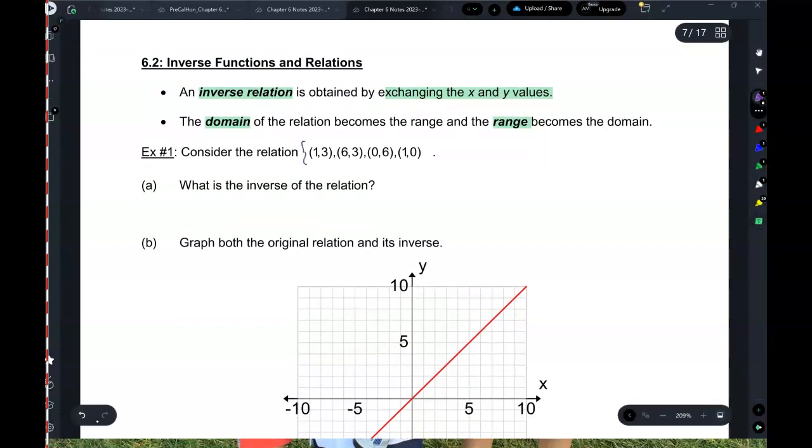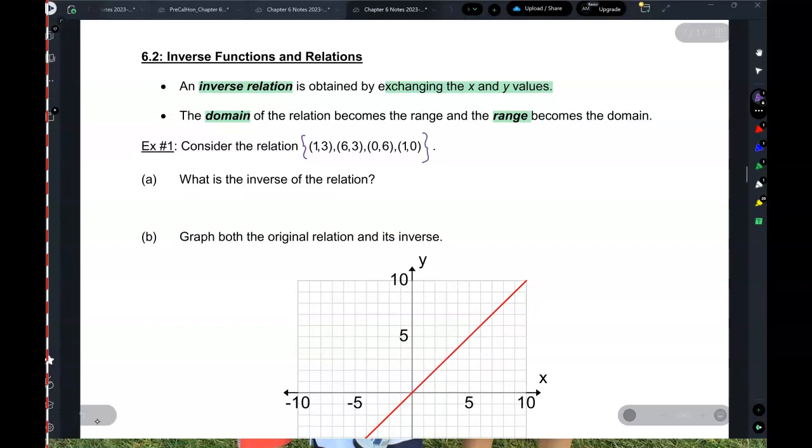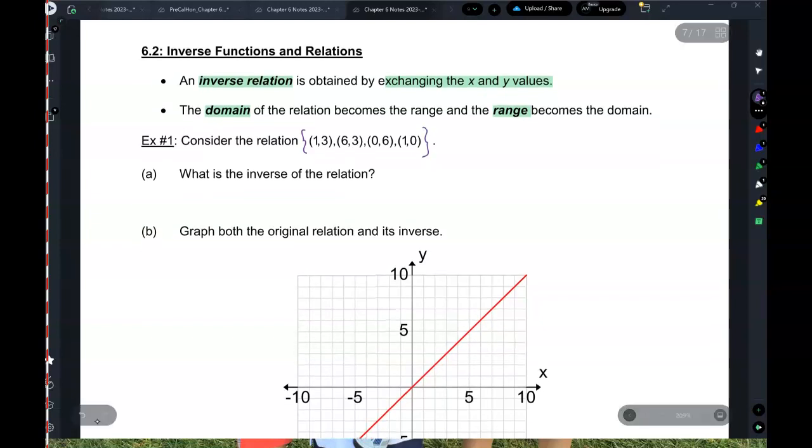Okay, take a look here. I know there are brackets here. This is a relation. First, we want to find the inverse of this relation. With each coordinate point, this is (1, 3); you literally swap it and it becomes (3, 1). The next one becomes (3, 6).